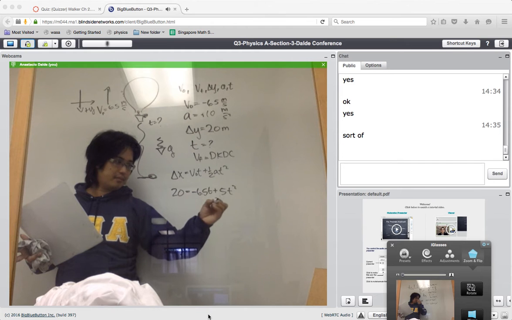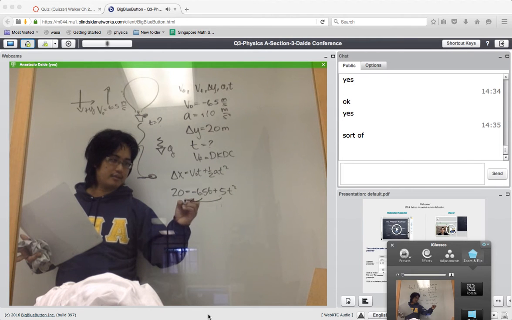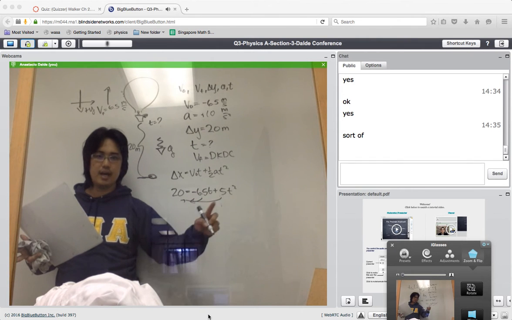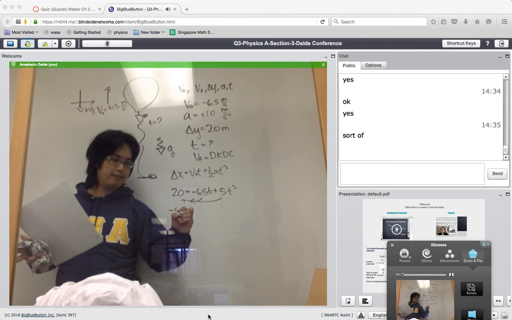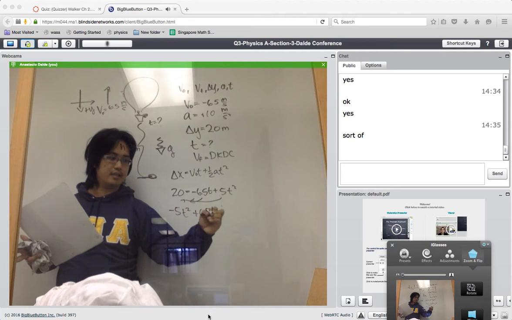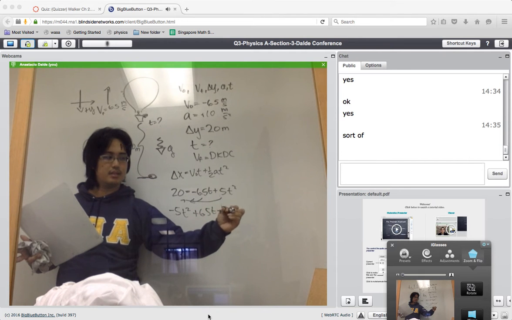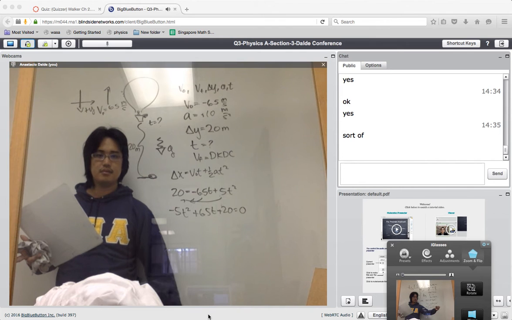What about I'm going to move everything over to the left side by subtracting it or adding it. So that would be negative 5t squared plus 6.5t plus 20 equals 0. What do you see now? Okay, so how do you solve this? Do you know?